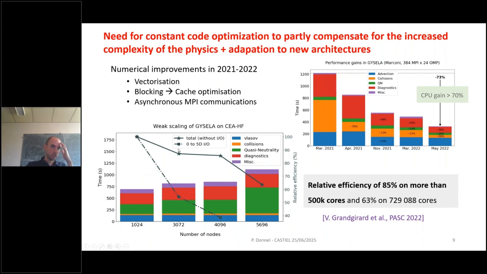In plain line, it's the efficiency without the I/O. You see that up to, let's say, 4,000 nodes, the efficiency stays quite high, more than 80%. Then when we reach the size of the machine, we start to decrease. I think it's really due to the size of the machine. But at that time, we identified that when we add I/O, they don't scale like the rest of the code. So we already identified that I/O was one of the major issues to go to exascale.